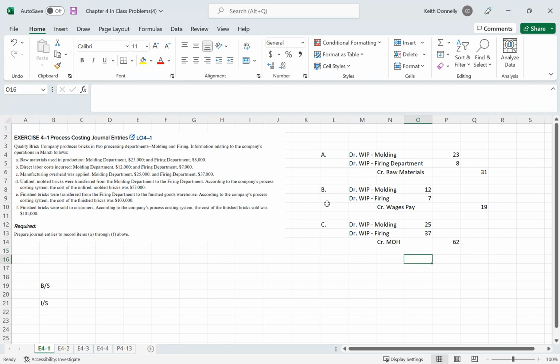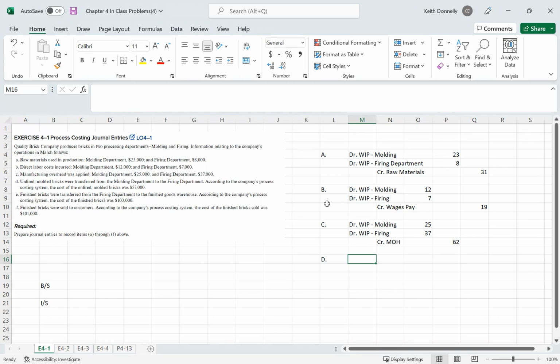All right, let's look at D. D says unfired molded bricks were transferred from the molding department to the firing department. According to the company's process costing system, the cost of the unfired molded bricks was $57,000. So essentially what happens here is we have the transfer from one department to the other.